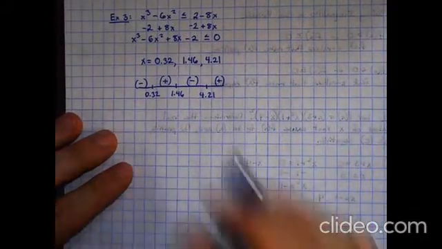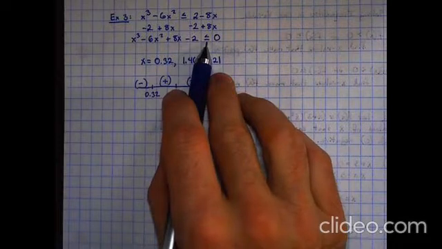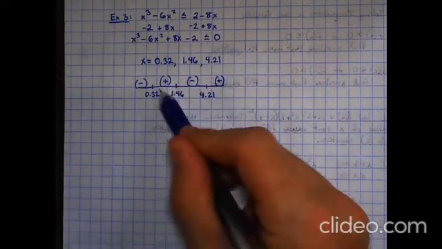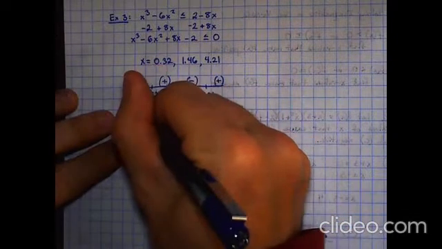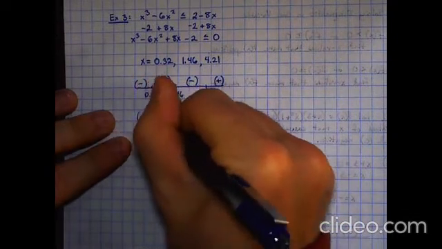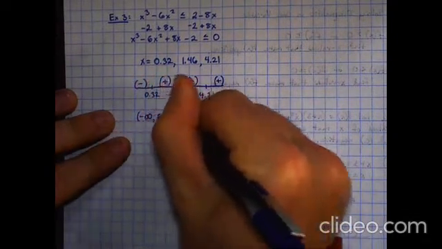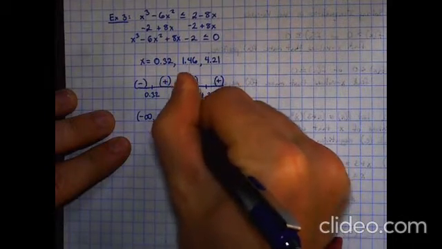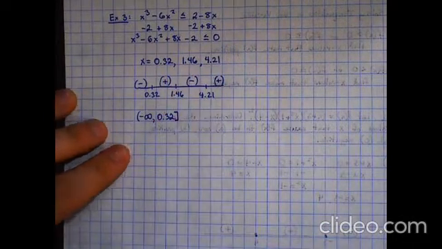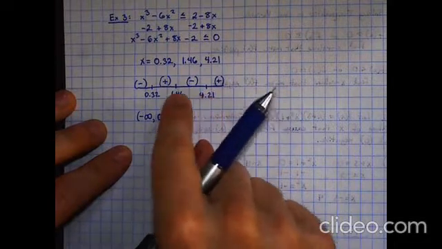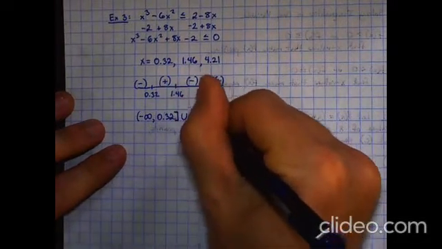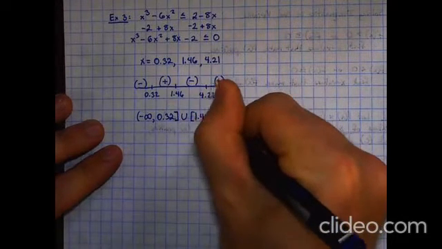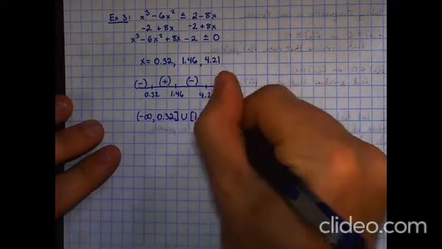So keep in mind, this is a less than or equal to 0. So having an answer of 0.32 is okay in this one. So our answer is going to be from negative infinity to 0.32 inclusive. So we have to include the 0.32. And also between these two. Inclusive. So we're going to include 1.46 and 4.21.